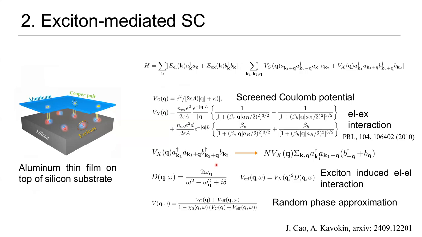We can also assume that the number of excitons is very large, which means that square root of n is approximately square root of n plus 1, and then we can have this three-operator form as a result of the simplification.